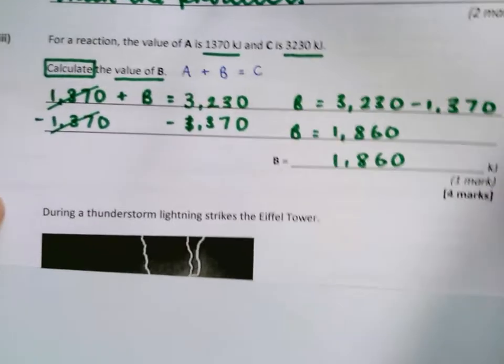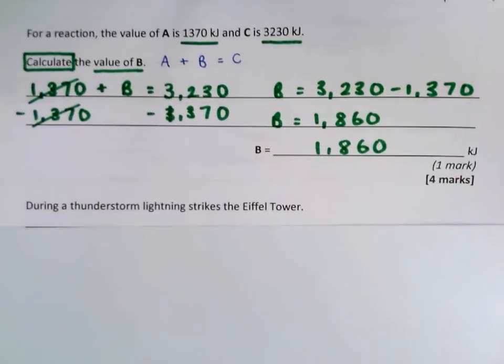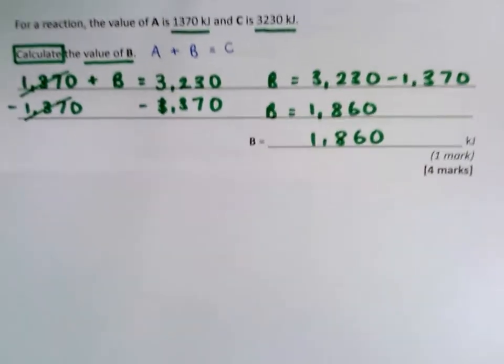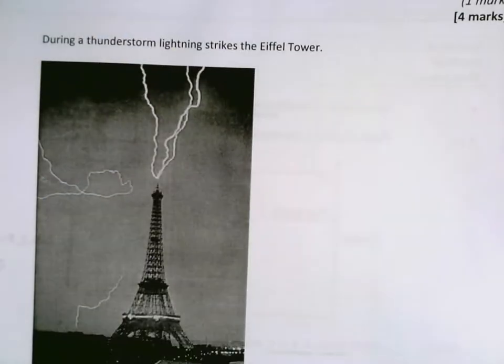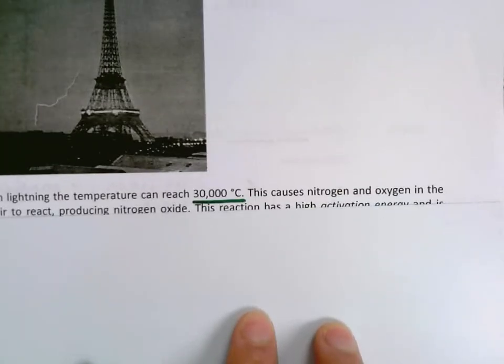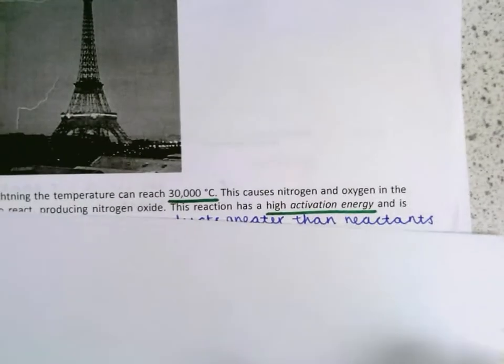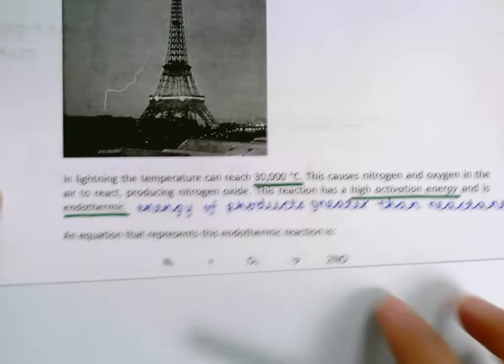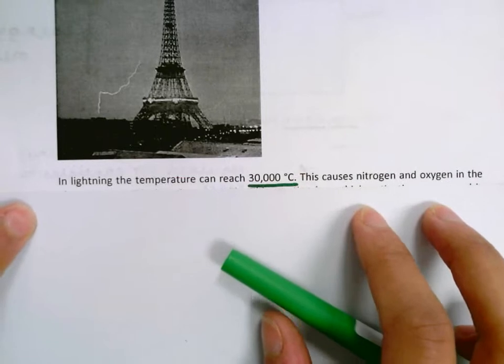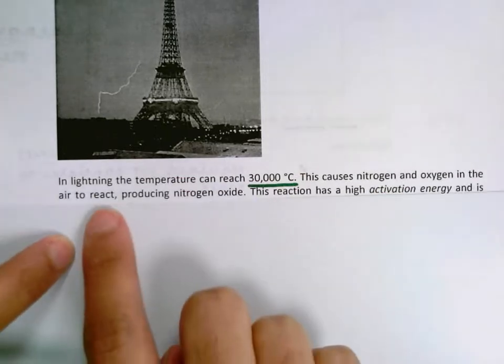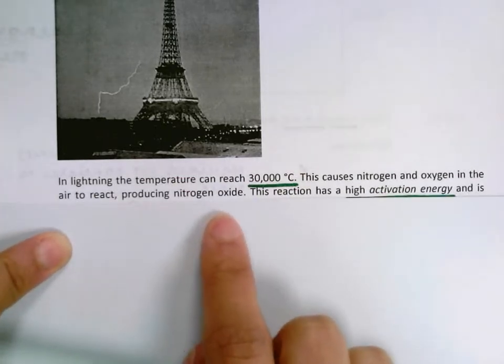Next, a thunderstorm. During a thunderstorm, lightning strikes the Eiffel Tower. And that's a lovely image of a thunderstorm. In lightning, the temperature can reach 30,000 degrees Celsius. So a huge temperature. This causes nitrogen and oxygen in the air to react, producing nitrogen oxide.